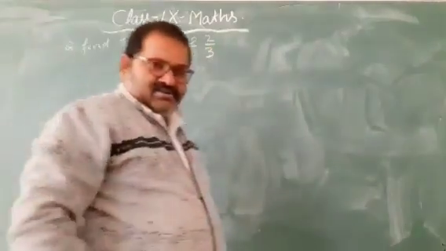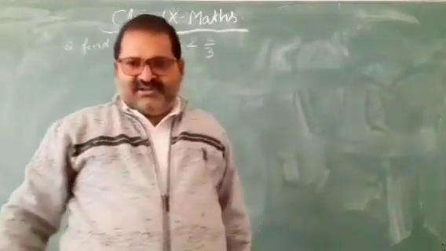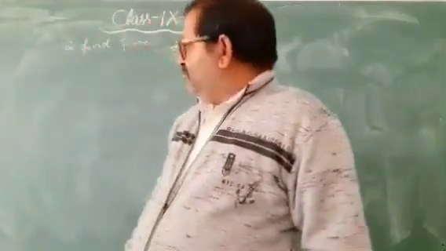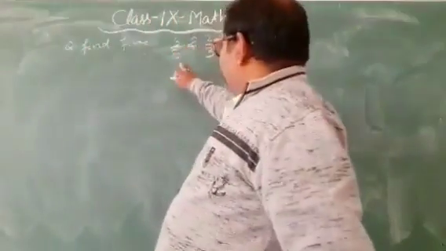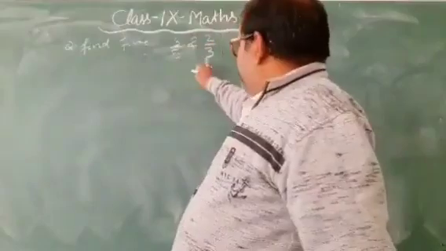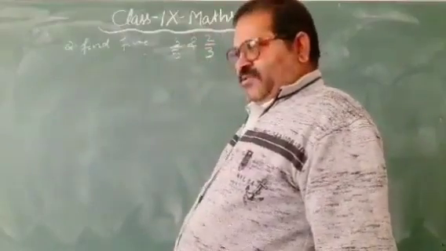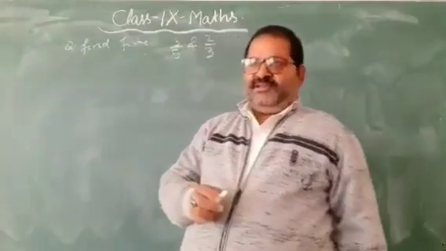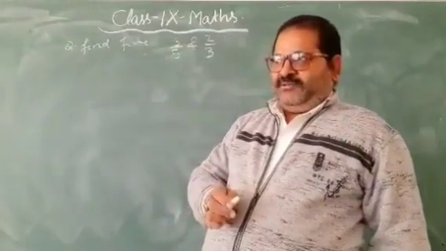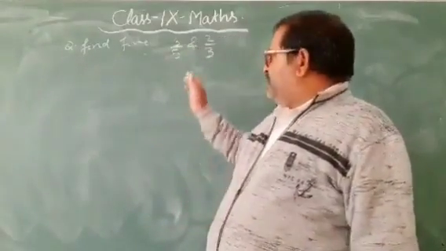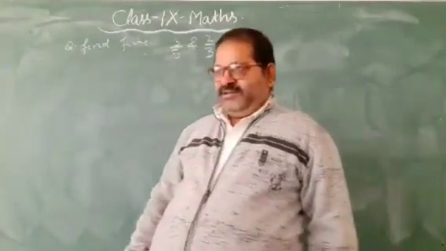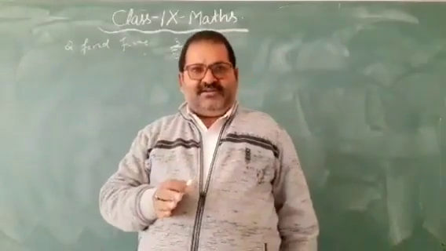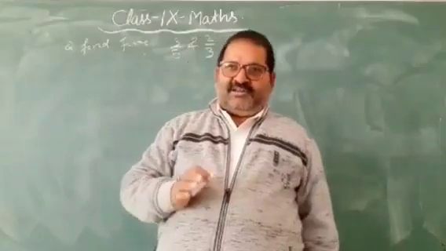Find the 5 rational numbers between 3 upon 5 and 2 upon 3. First, we simplify that, now maintaining the denominator.